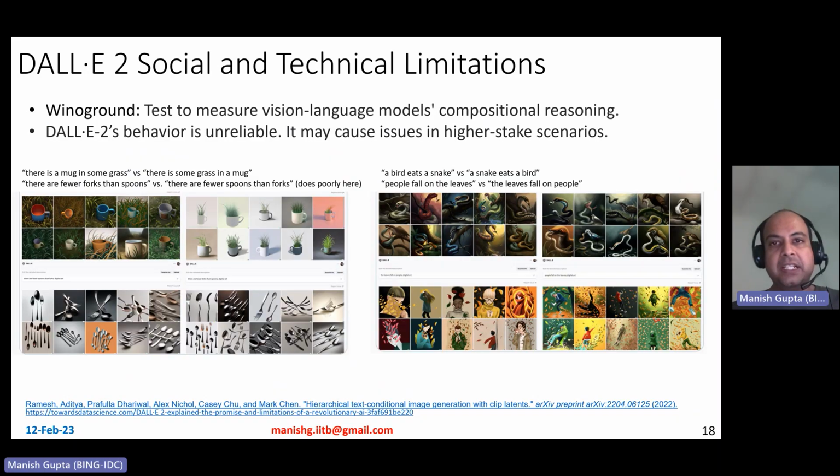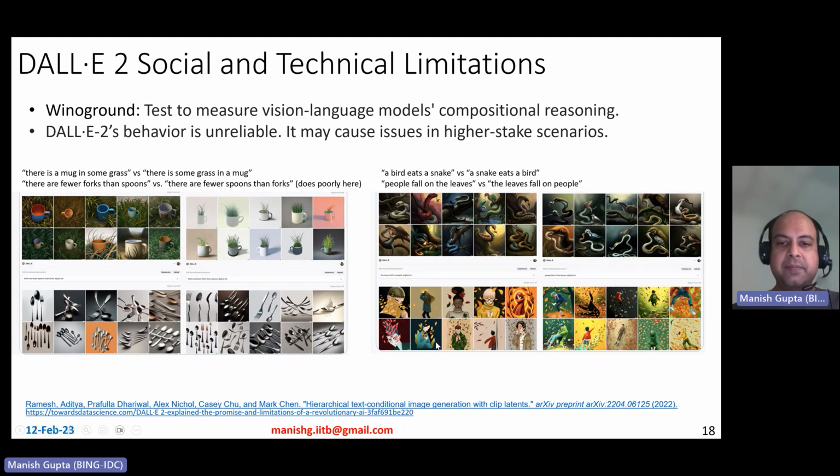Lastly, there are social and technical limitations in terms of the Winoground test. This is a test which is used to measure vision language models' compositional reasoning behavior. DALL-E 2's behavior is unreliable. Here are 4 examples. Look at the first example. There is a mug in some grass versus there is some grass in a mug. It generates pretty nice images, right? Matching the meaning. There are a bird eats a snake versus a snake eats a bird, or people fall on the leaves or the leaves fall on people, and so on.